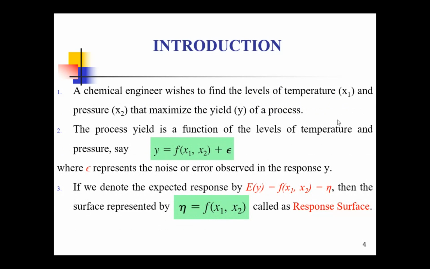So that we are going to model in terms of y is equal to f of x1 comma x2 plus epsilon, where y is my output, that is the yield, x1 and x2 are the inputs, and f comprises the function. Then epsilon represents the noise or the error that is observed in the response. So this is like equating the output to the input by means of a model.